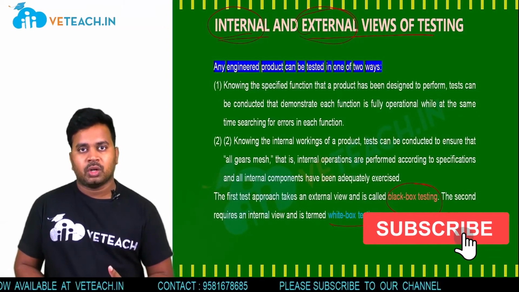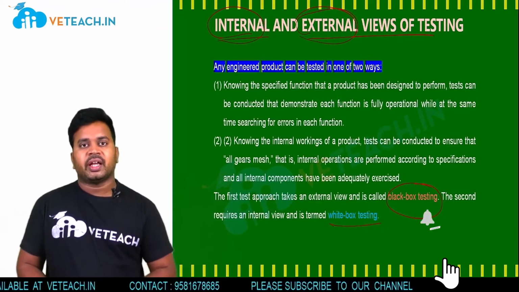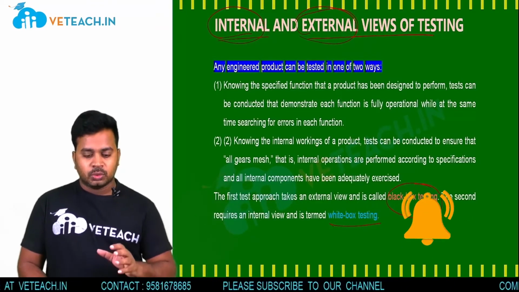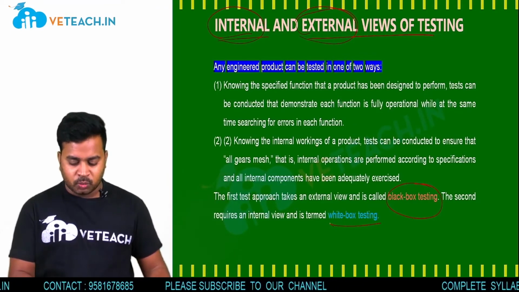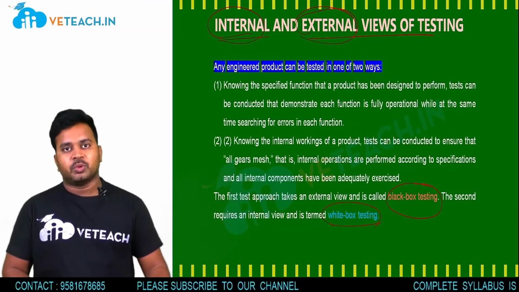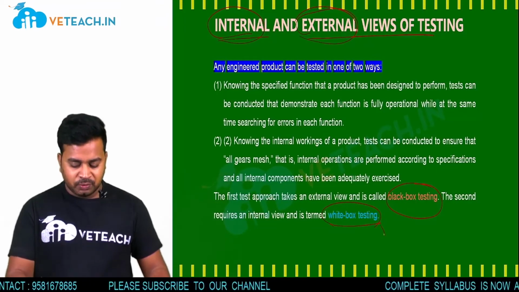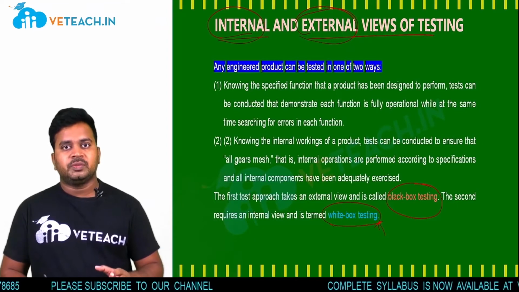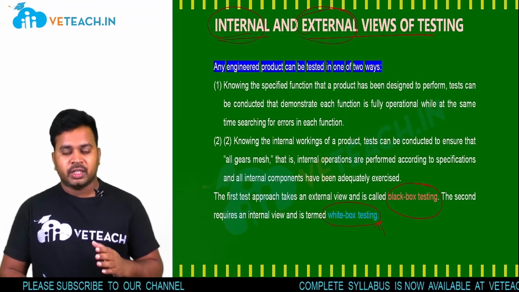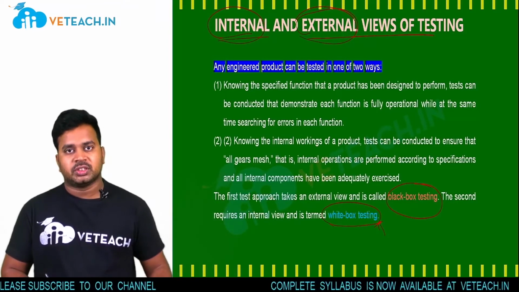That is called external testing. Try to differentiate the two terms, white box testing and black box testing. As the name itself says, white box means you can see the internal code of the program, and that is why it is called white box testing.